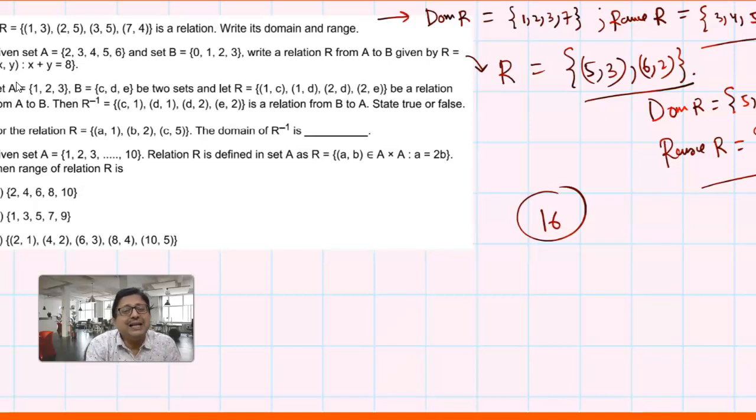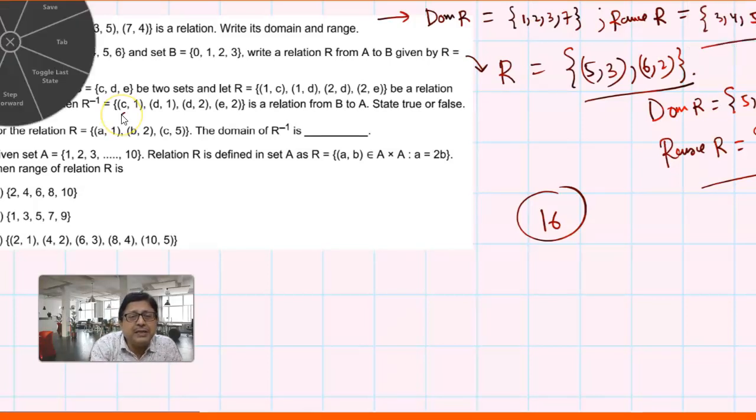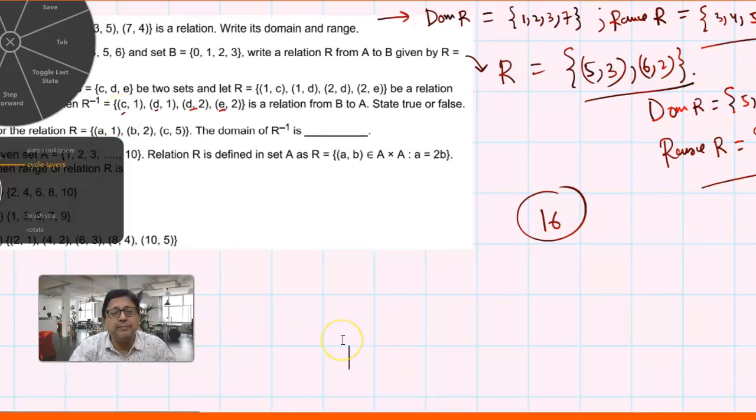And its range will be taken from this set A. That's why elements are taken in this manner 1, 1, 2, 2. So is this an inverse relation? Can this be a relation from B to A? Because C, D and E belong to this, and here also you have taken C, D and E as the first element. So this is alright. There is no problem in it.